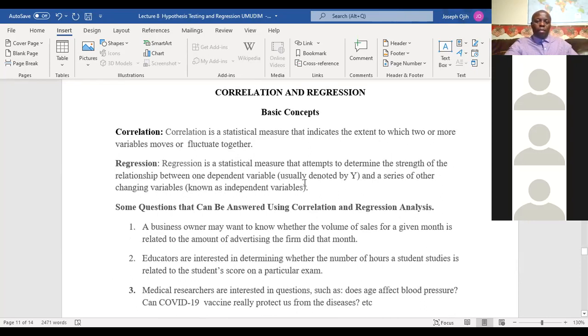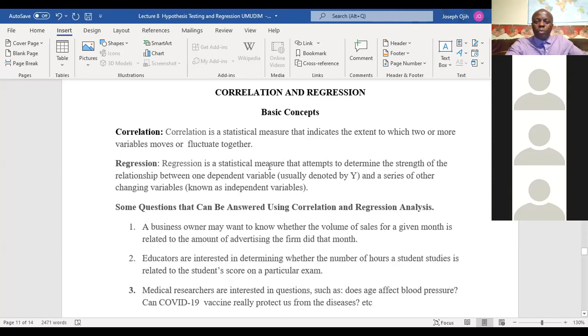We can say the higher the speed, the lower the time of arrival, assuming you are not stopped by a speed cop. Or smoking and lung cancer, do they move together? How about advertisement and sales, do they move together? Stuff like that is covered in correlation and regression analysis.